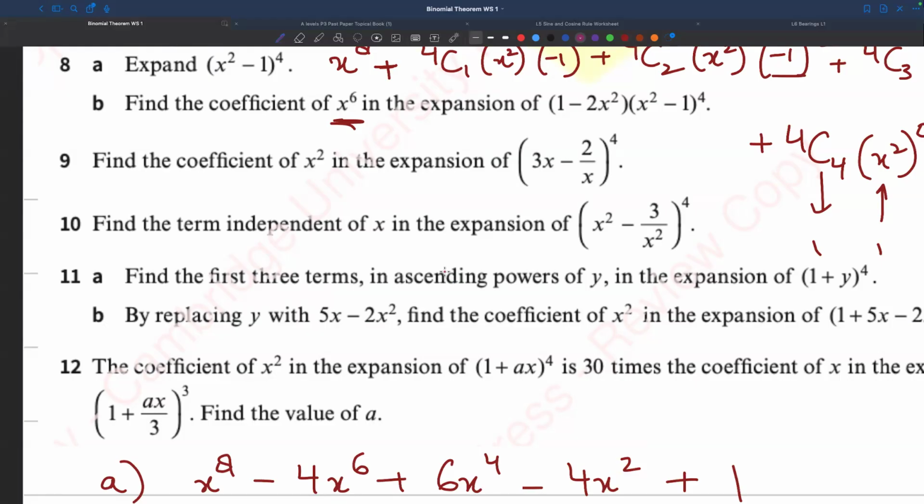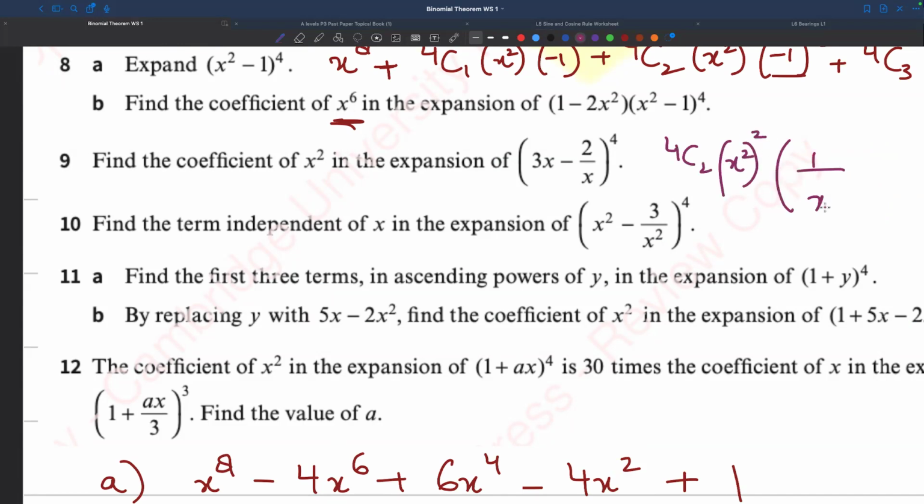Because if I use 4C2, this will be a to the power of 4 minus 2 and b to the power of 2. So x power 4 and x power 4 will cancel.